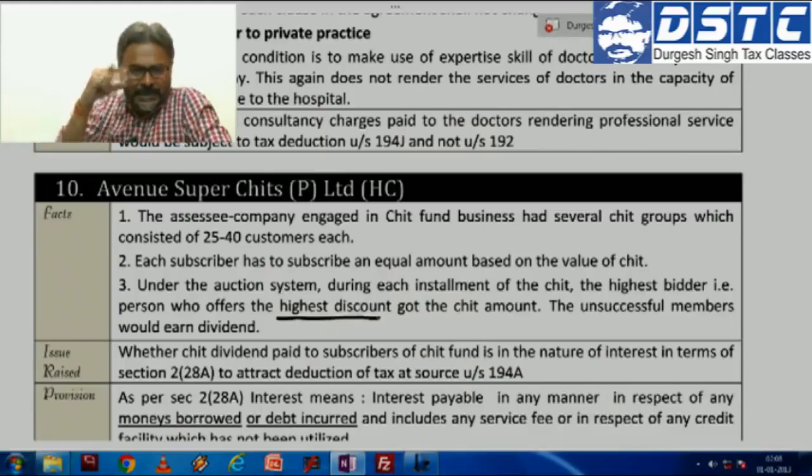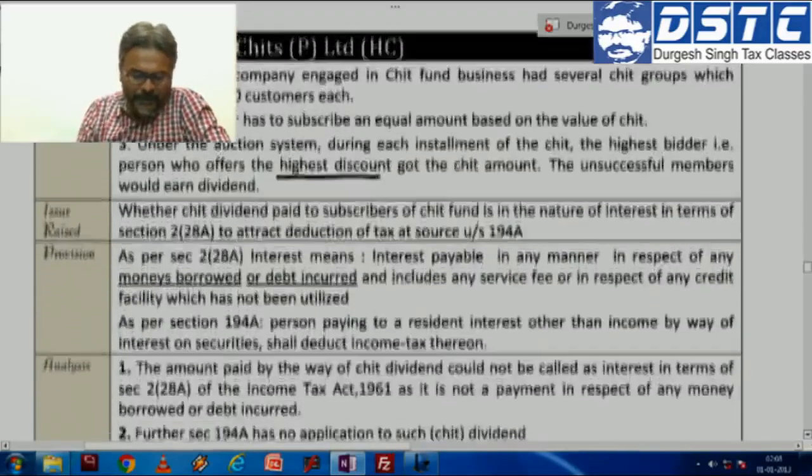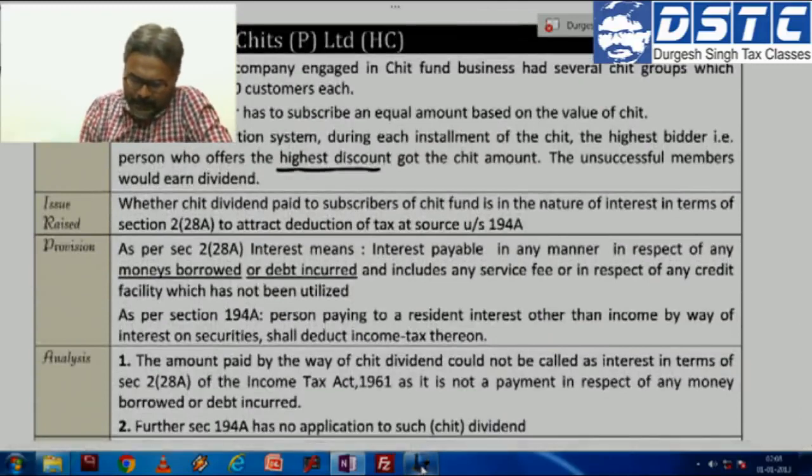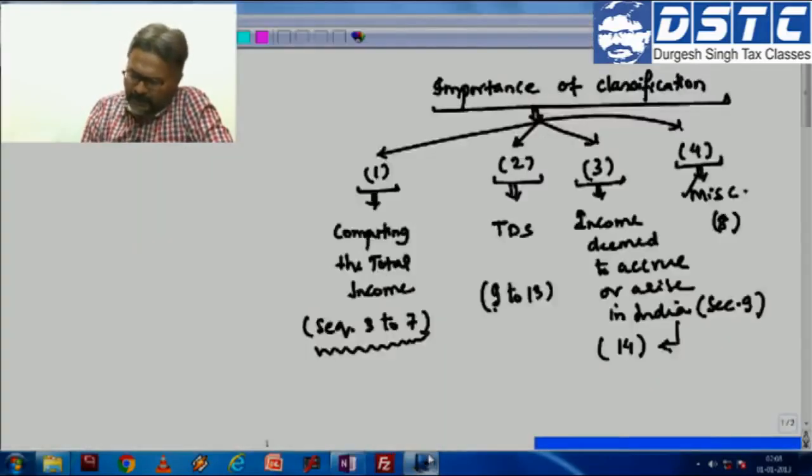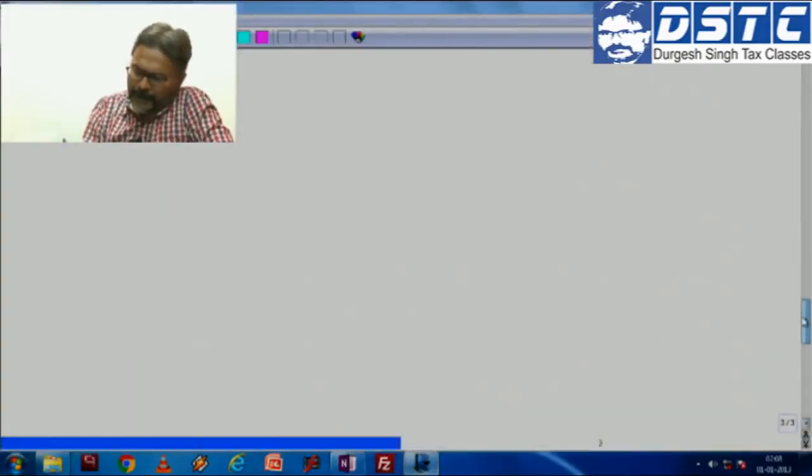So here students, the entire game is this definition in section 2(28A), which I can make you write in a simplified form.